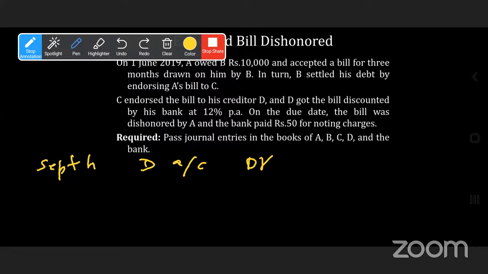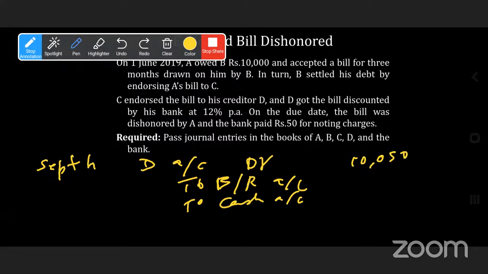D is the person who is responsible for this. D account debtor to bills receivable account, to cash account. That is D account 10,000 plus 50 rupees.